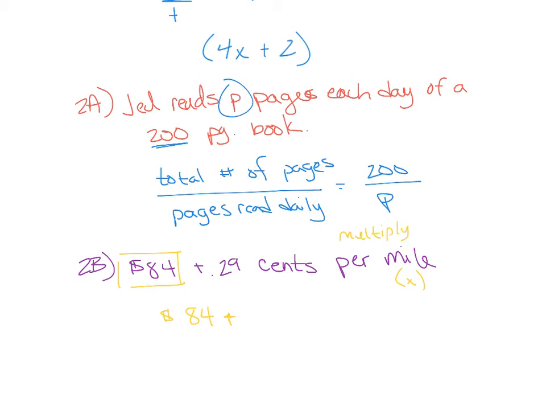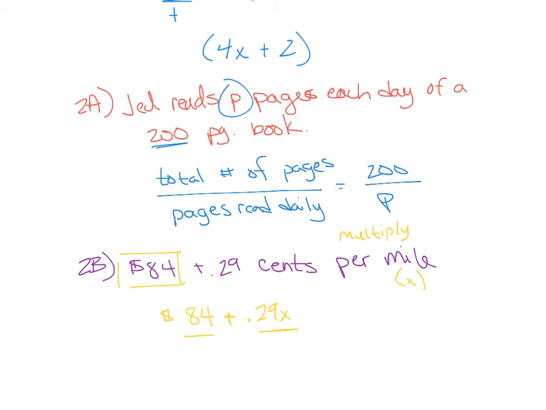So it's going to cost us 29 cents per mile, so we're going to put X in parentheses. Times X. You don't actually have to put X in parentheses, but you can if you want. So 29X, and what this says is $84 no matter what, plus 29 cents per mile.